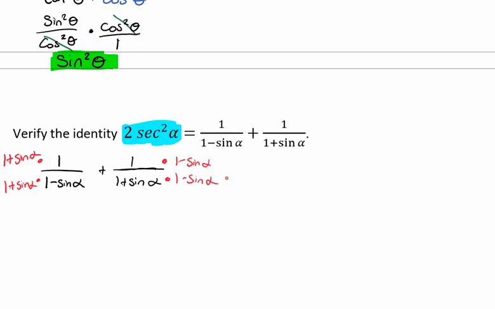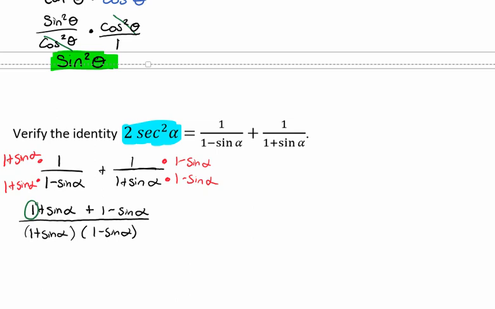Doing so is going to give us 1 plus the sine of alpha over our 1 plus sine of alpha times 1 minus the sine of alpha. And we get to add that to our 1 minus the sine of alpha from the other fraction.